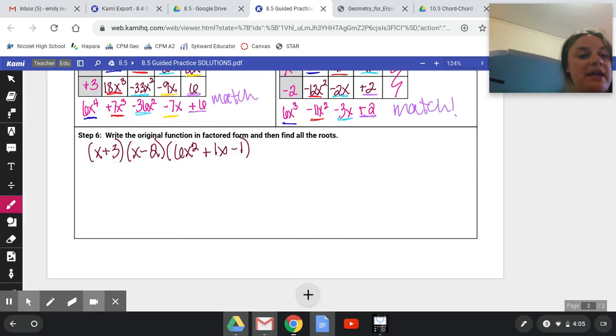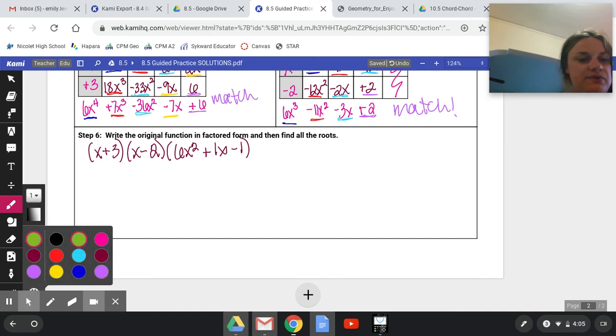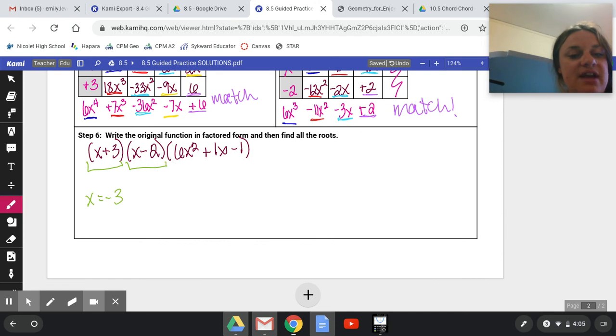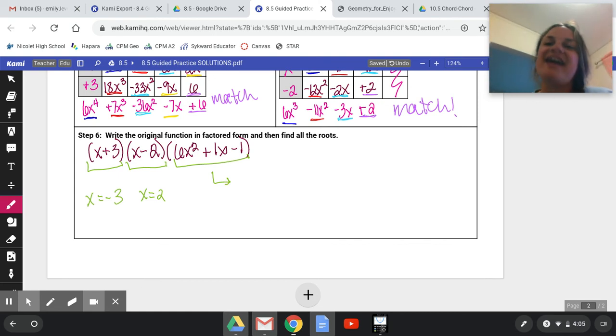From here, I can jump right in and find 2 of my roots, right? This first factor tells me that I've got a root at x equals -3. The second one tells me I've got a root at x equals 2. And this third guy, well, that's a quadratic. Luckily, I know how to factor quadratics.